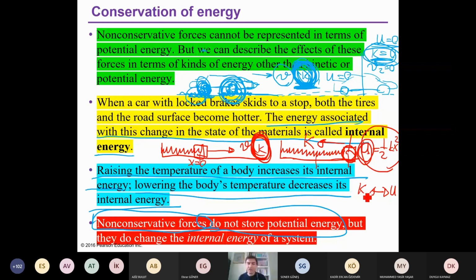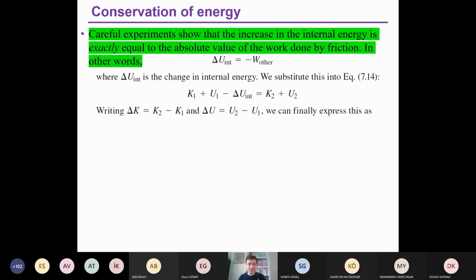But in the case of non-conservative forces, for example friction force, the energy of the system is spent to increase the internal energy of the system. Here, as I explained with the car. Any question here? Then let's get the final expression for the conservation of energy.